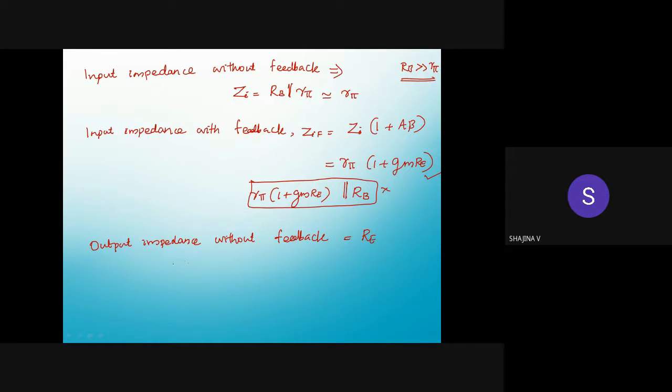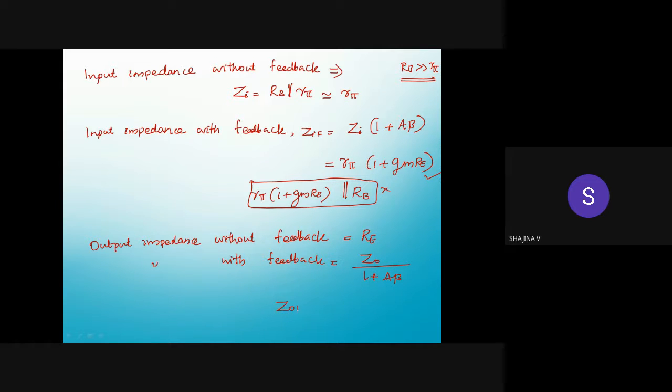Okay. So while we are considering feedback, output impedance with the feedback, since it is voltage series feedback, voltage sampling. In voltage sampling at the output side, we are connecting parallelly. So we can say output impedance will decrease by a factor of 1 plus A beta.